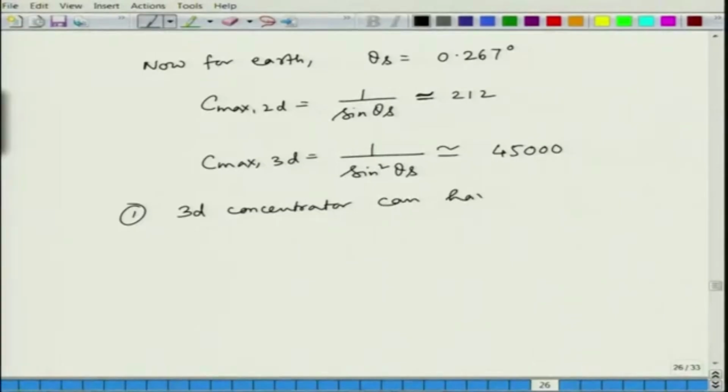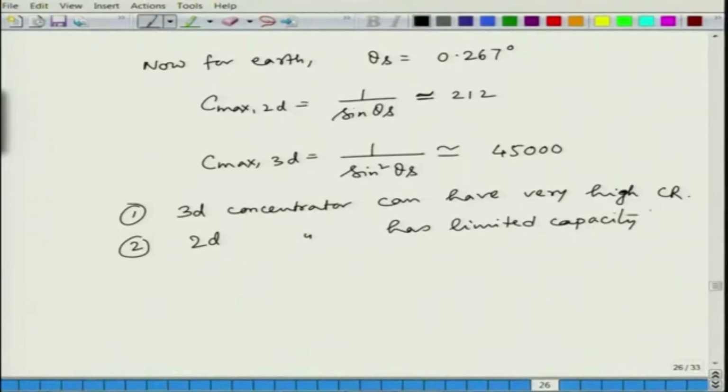Okay. So, two very important points here we need to make: the 3-dimensional concentrator can have a very high concentration ratio or CR, okay, and the 2D concentrator has limited capacity of concentration. Okay. 212 is the theoretical maximum.